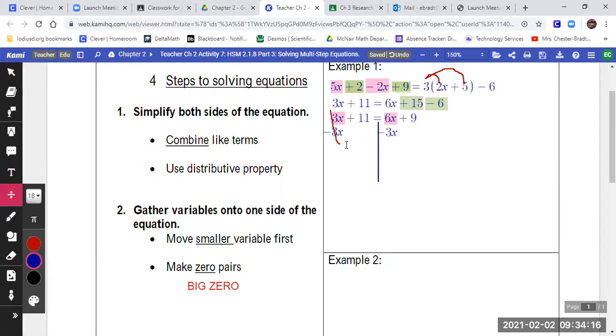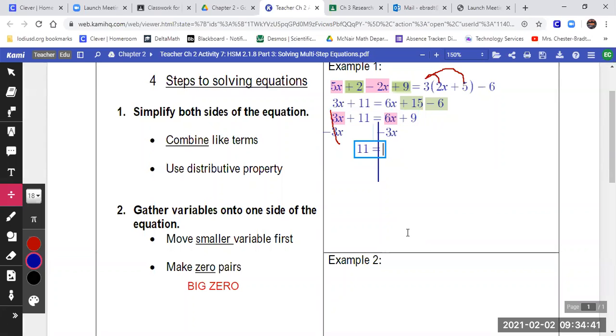11 has to equal, then I have to solve this 6x minus 3x. What do I get? I have to solve this 6x minus the 3x.